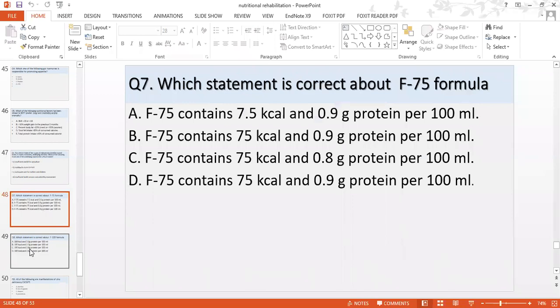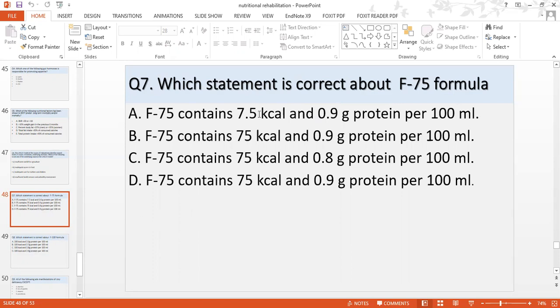Which statement is correct about the F75 formula here? You have learned about it? Yes, it gives us 75. D is the correct answer.